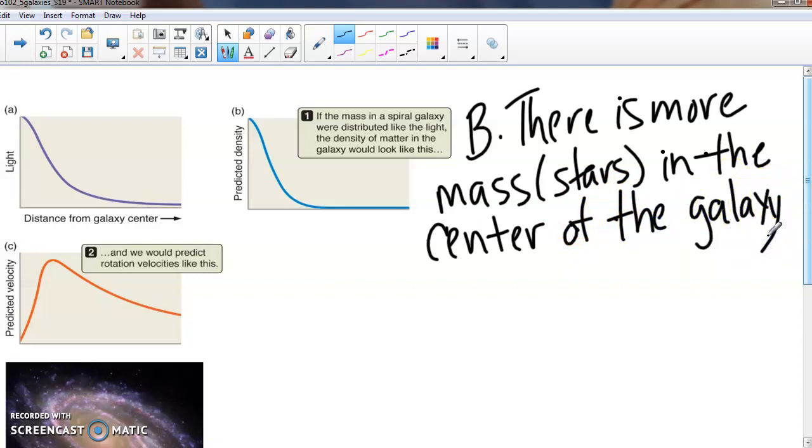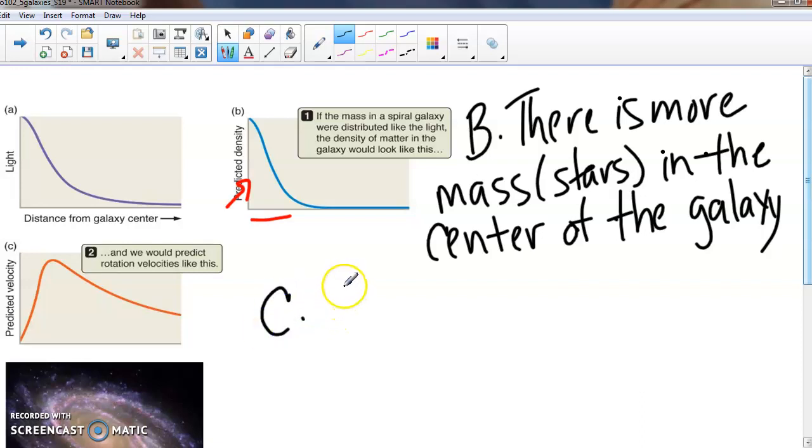Okay, more mass in the center of the galaxy. That is this blue curve here that you see on your screen. Density has to do with mass. It says there's a lot in the middle and not so much further out. Okay. What does this mean?